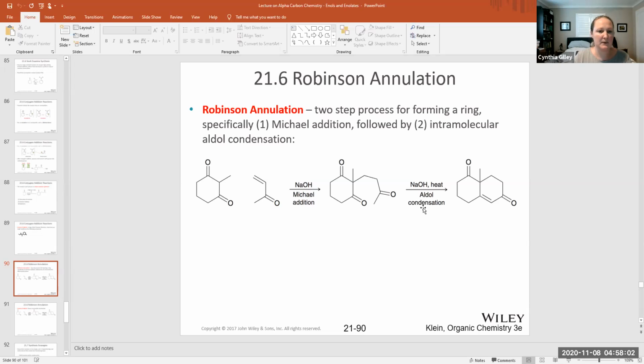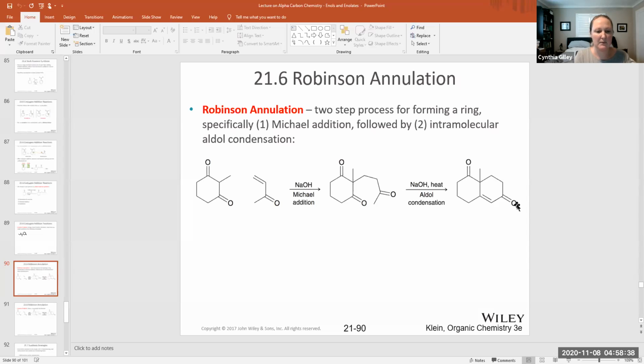So it is a multi-step process that can happen all in one pot. The first reagent is just sodium hydroxide. That will give us the Michael addition product. But if we heat that product, it will further react to do an aldol condensation reaction, specifically between the enolate formed from this ketone and this carbonyl, leading to an alpha beta unsaturated ketone over here.